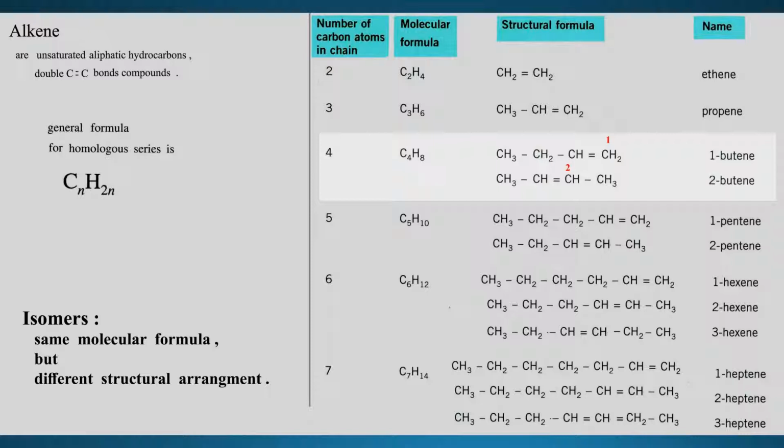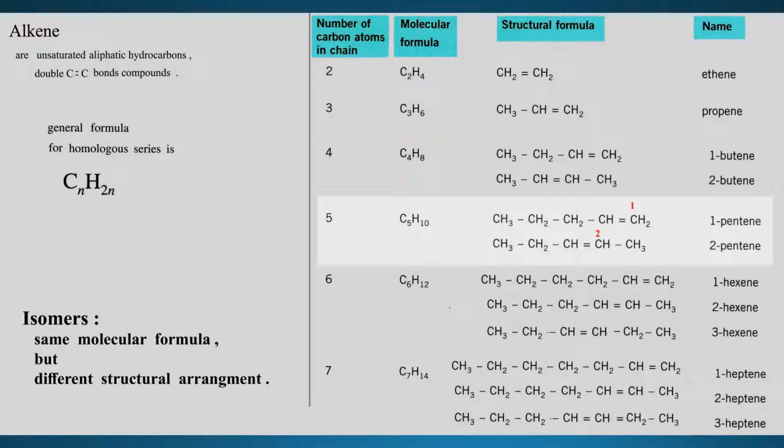Now let's look at another example under the same rule. This is another isomer: one molecular formula with two different structures, a double bond here and a double bond here. Based on the same positioning, this is called 1-pentene and the second one is called 2-pentene.